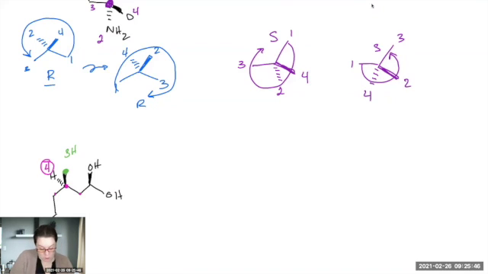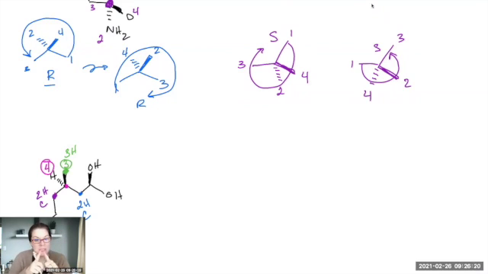If I go to the carbon on the right, that one has 2 hydrogens and a carbon attached. Good. And if I go to the one on the left, that one has 2 hydrogens and a carbon attached. So we still have 2 that have a tie, right? But we can say that the methyl group, the one that now has a green dot on it, is going to be the lowest priority of all of those. So I'm going to give it 3.